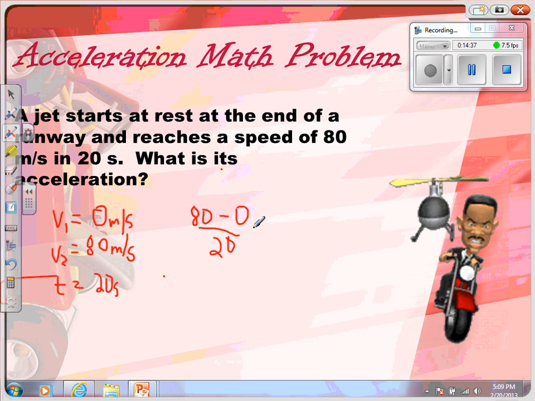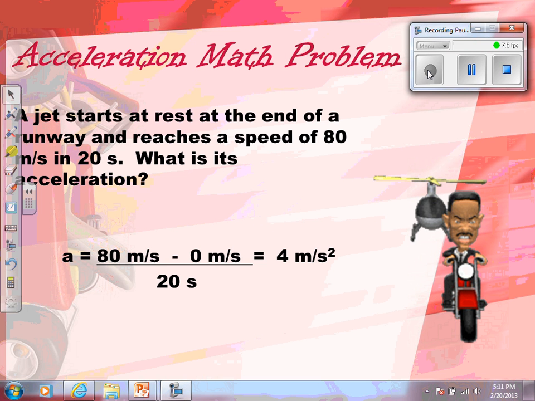Okay, well, if we do the math, which hopefully you can do in your head, it equals 4. Now the units are meters per second every second. So that means that jet is increasing speed by 4 meters per second every second. Okay, so there's the answer.